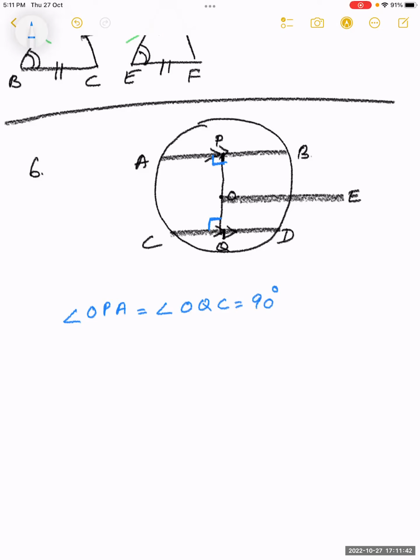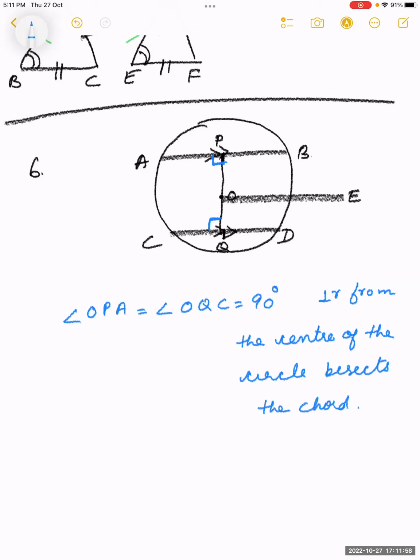Why? Perpendicular from the center of the circle bisects the chord. Bisect means equally dividing the chord. Okay, this is the reason.